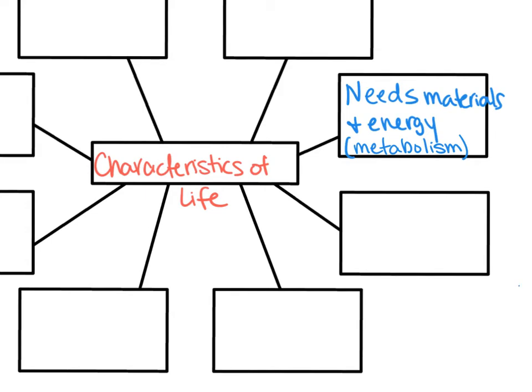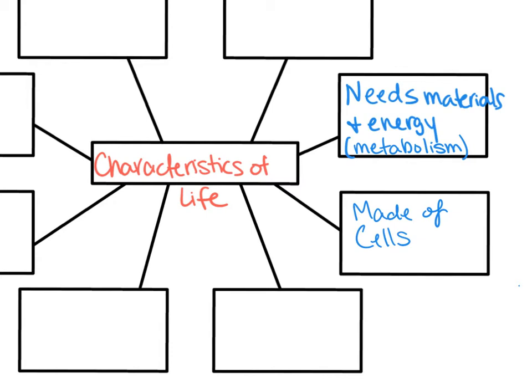So all living things are also made of cells. And you've probably heard for a long time that cells are the basic unit of life. So everything that's alive is made of cells. That's why viruses are considered to be kind of in between living and non-living. Viruses are not made of cells.